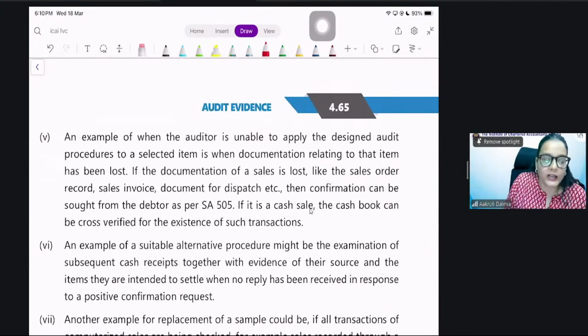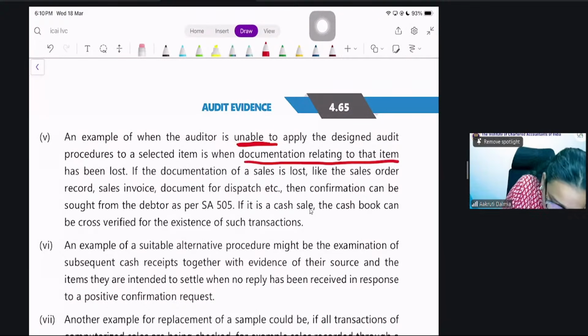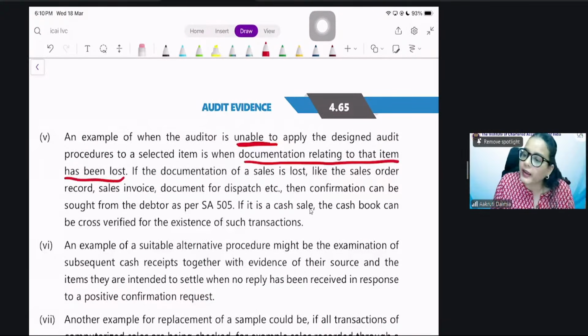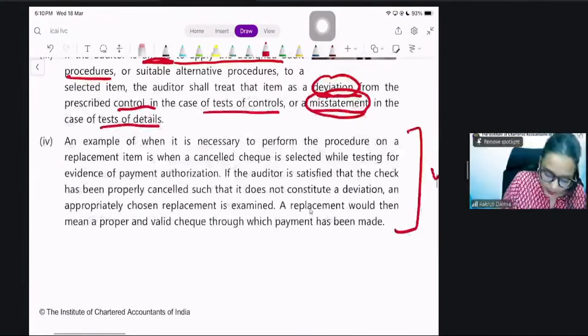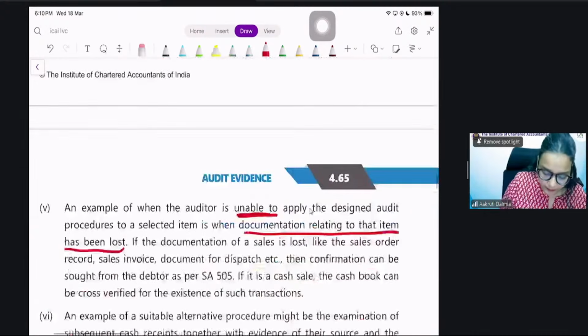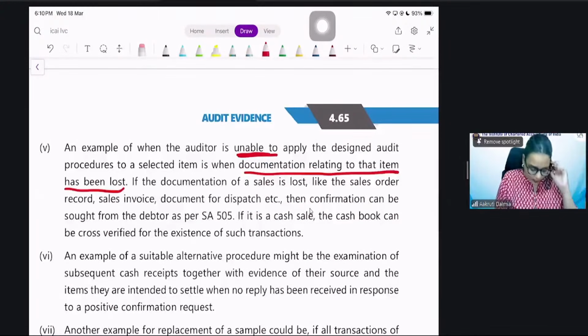Now, let's say another example. An example of when the auditor is unable to apply the designed procedures is when the documentation relating to that item has been lost. Did I give you an example for this also? Here I gave you the example of replacement item, the cancelled check. Which example did I give you for this?